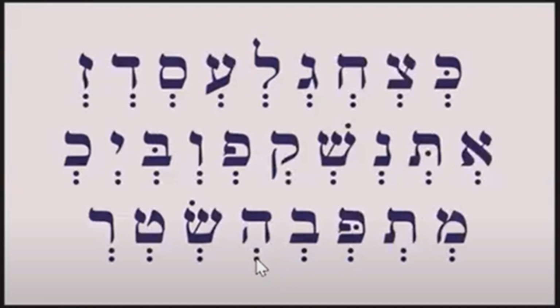Okay, let's take a look at what we've got here. So we've got ki, tsi, chi, ge, li, mi, di, zi, ti, ni, shi, ki, fi, vi, bi, yi, chi, mi, ti, pi, vi, hi, si, ti, and re.